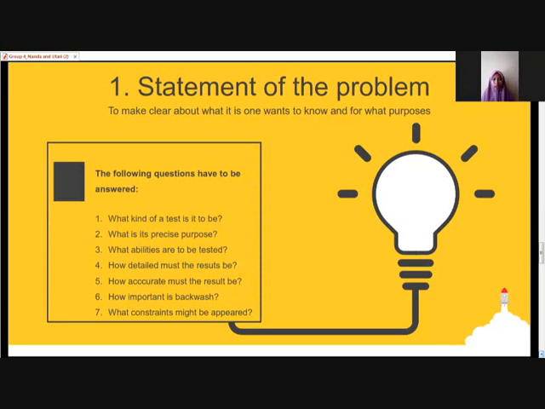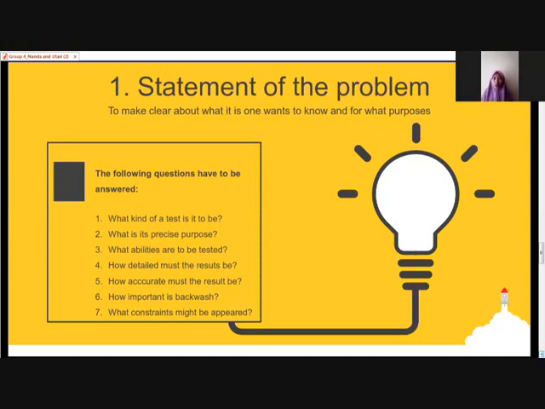Like we have learned in the review meeting about the types of tests, there are five: proficiency test, achievement test, diagnostic test, and also the placement test. We should consider which type of test it is and what its precise purpose is. After we define the specific type of test, we will know the precise purpose.